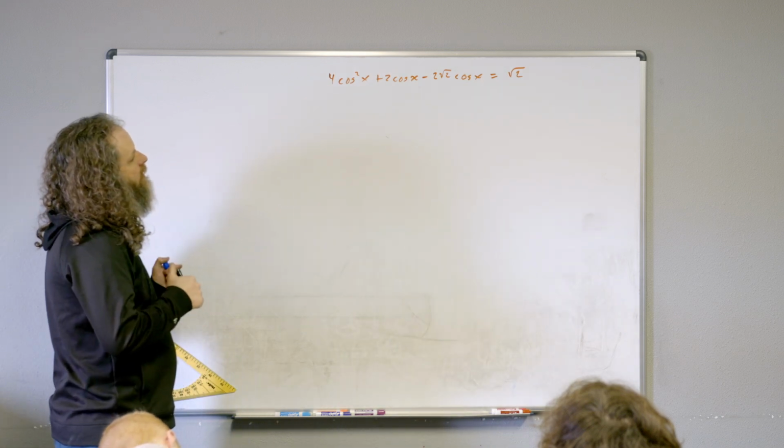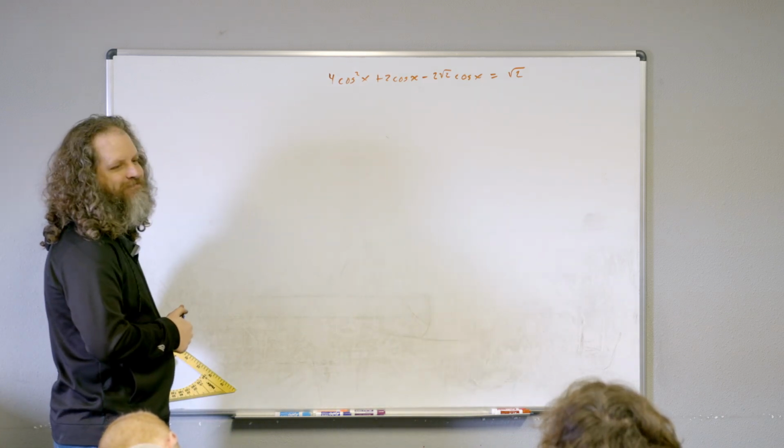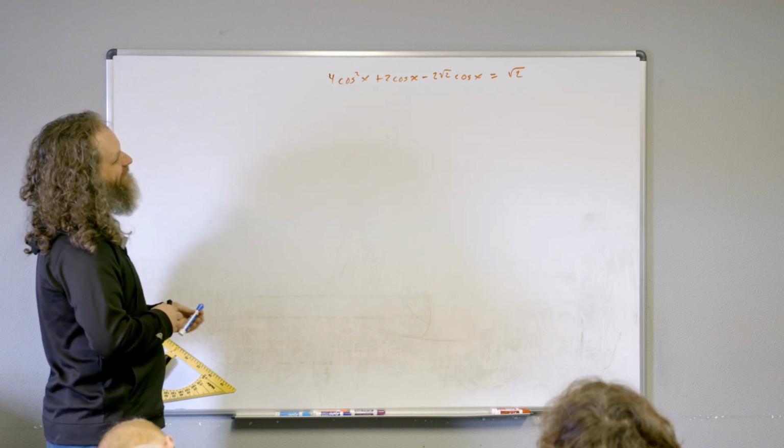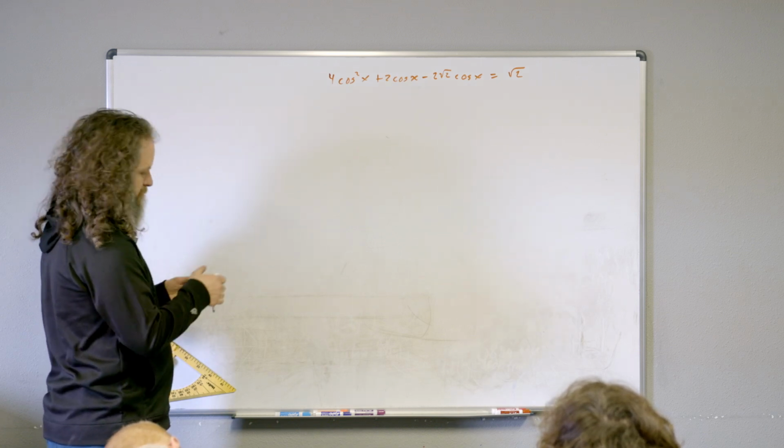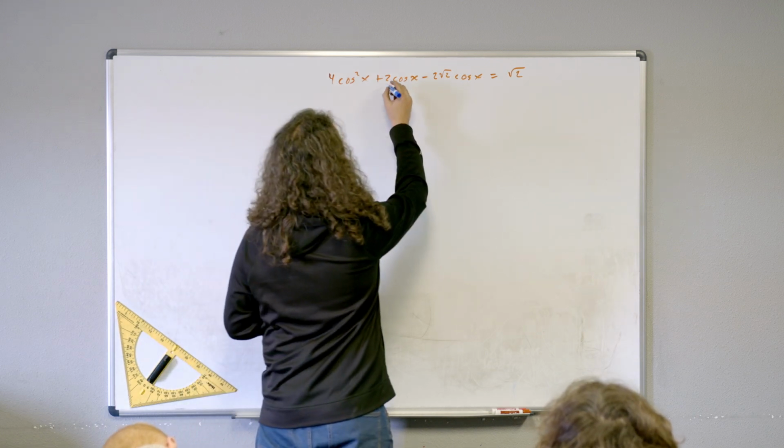Just distribute instead? We need to combine like terms. What like terms? There's 2 that have a single cosine.